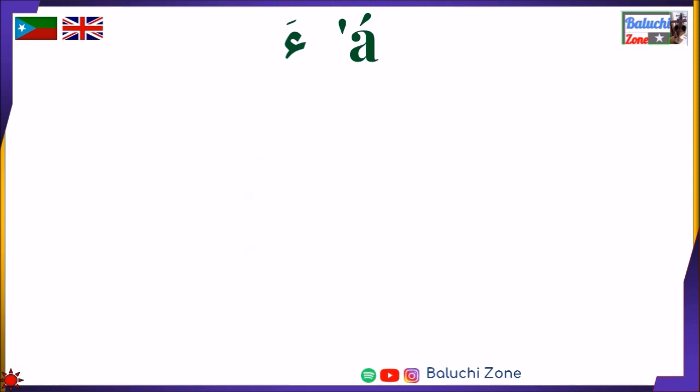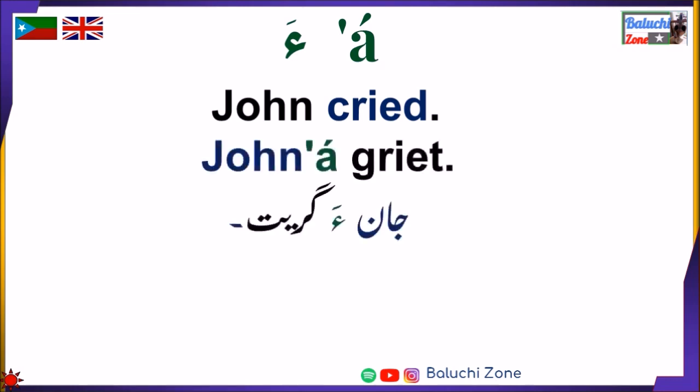Simple enough so far. How about John cried? Here things get interesting. If we translate John cried to Balochi, it would translate as John Á griet. But if we translate Á as the here, this sentence would translate as the John cried.